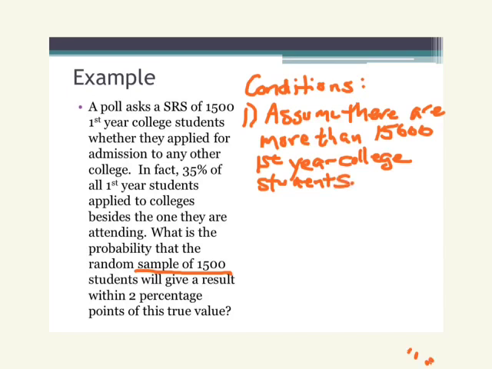Now, if that's true, which I think we're safe in assuming, then we meet condition number one. All right? So we're going to assume that condition number one is met.